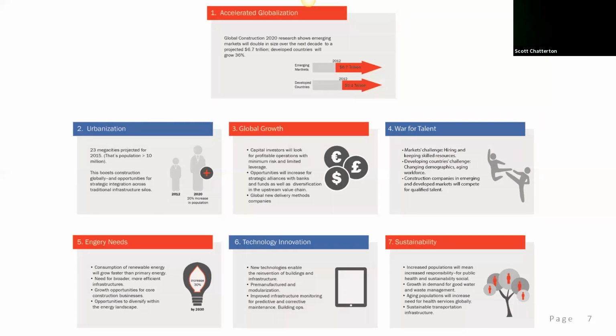Energy needs, so the social aspect of BIM, creating a more efficient, more habitable built environment, is a huge driving factor. We're all socially responsible for our environment now. And technology innovations, utilizing smart buildings and smart cities to improve how responsive the building is to our needs, which all ties back to sustainability.